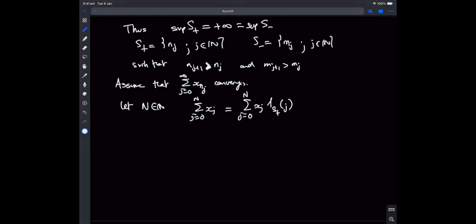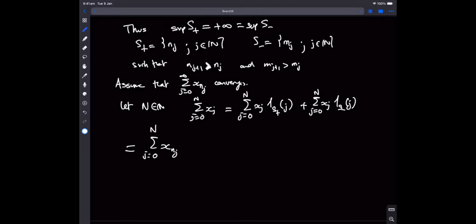I'm going to use the indicator function, to denote something that is equal to 1 when j is in S plus and equal to 0 if j is not in S plus. And then I have the finite sum with the indicator function of S minus to sum up all the x_j's that have negative values.